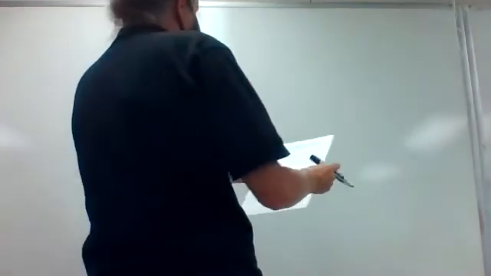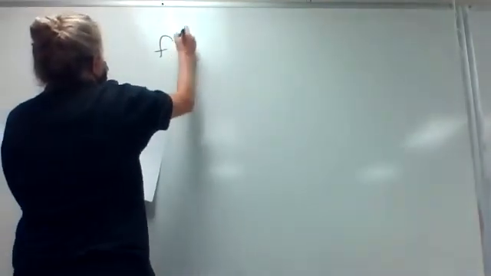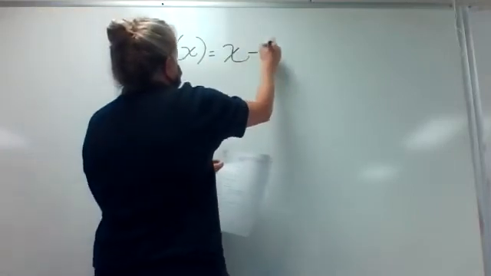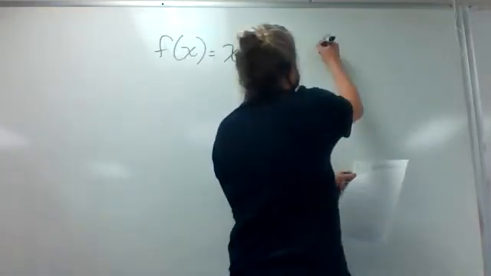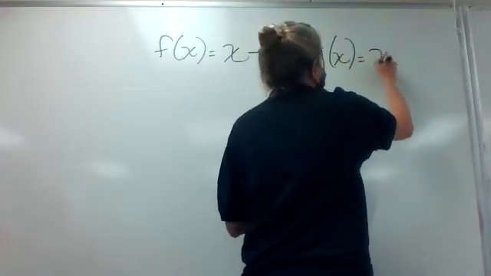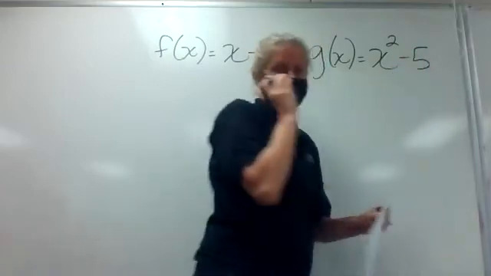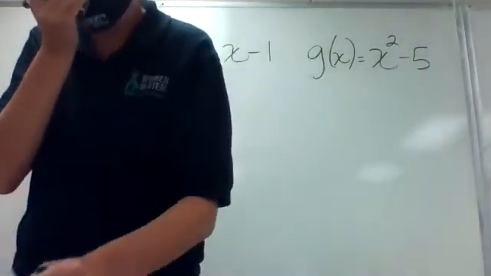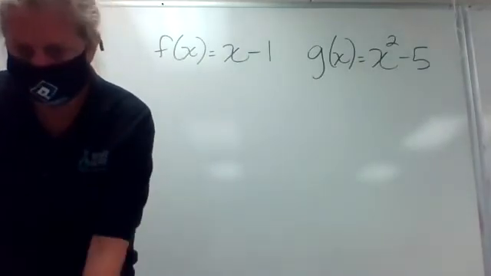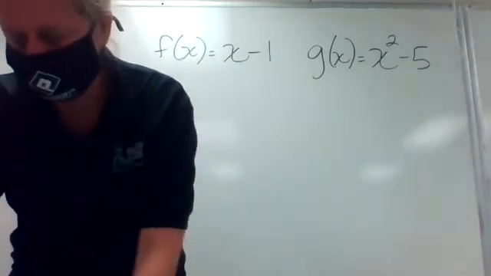The 2 functions that it gives me in 2.4 is f of x equals x minus 1, g of x equals x squared minus 5, oh, hang on, that's not right.